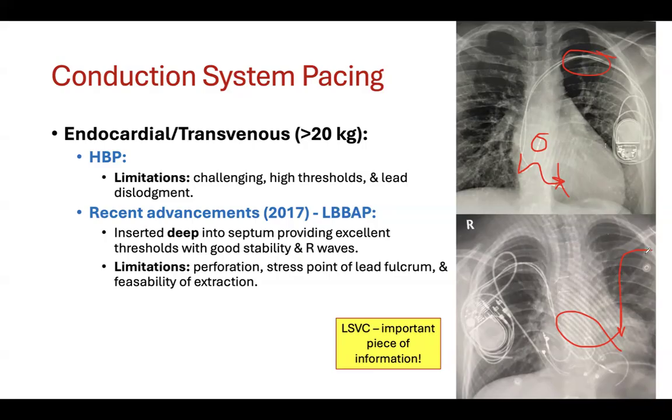So with this patient, we planned to perform conduction system pacing, but then we realized in the cath lab there is a left SVC, which by the way was not very well documented in our notes. Luckily, we only inserted a wire. We did not open. This is why I usually try not to open, just insert wires and see the course. Then we switched to a right-sided implant, and we attempted to engage the left side of the septum, and we did.